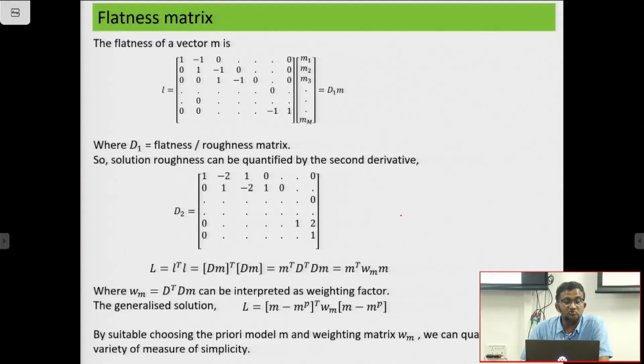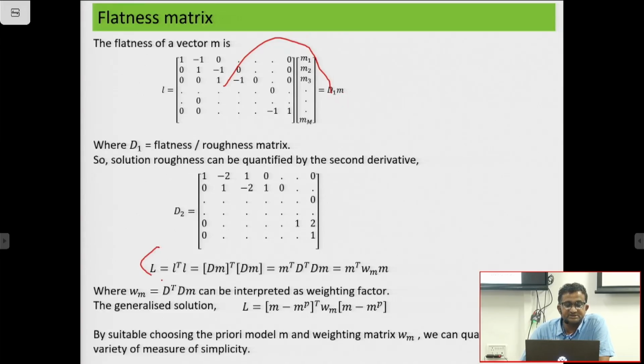So in order to have more smooth solutions, one is your weighted version, and this weighted solution comes from using the flatness matrix. Let us say L is a distance measure which can be expressed with the help of the flatness matrix, say D, operating on m.